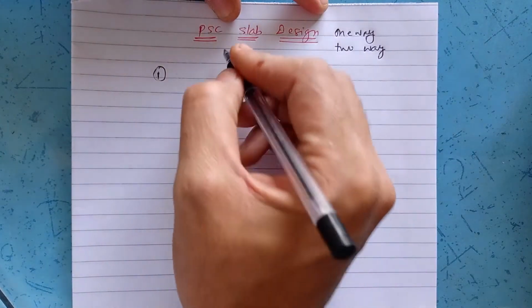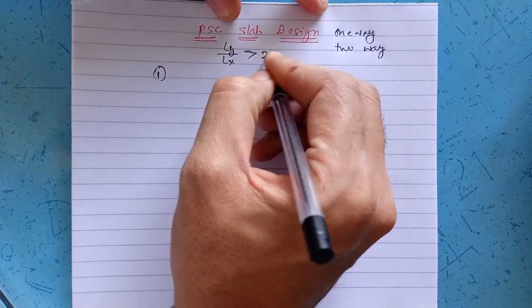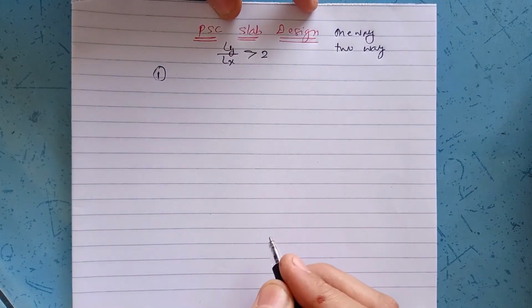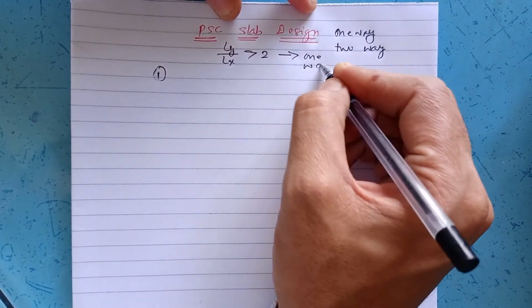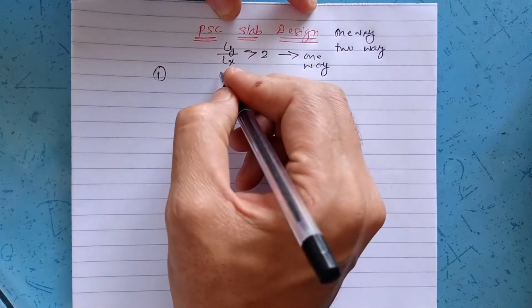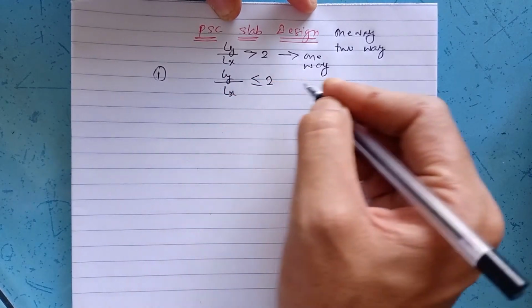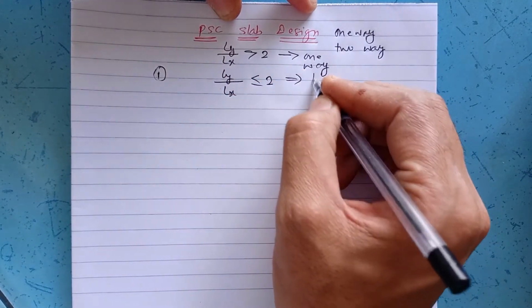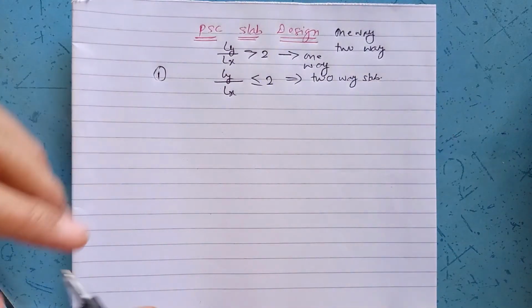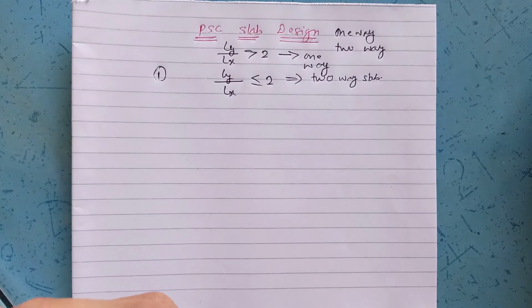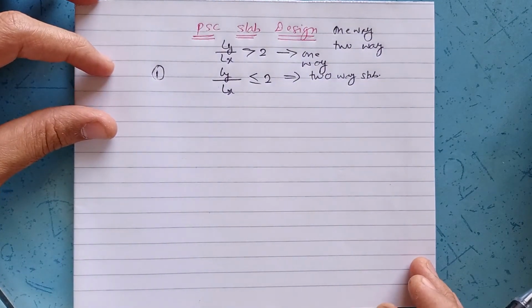Now you might be knowing if ratio of Ly by Lx is greater than 2, then it is said as one-way slab, and if Ly by Lx ratio is less than or equal to 2, then this slab is designed as two-way slab. You might be knowing this condition when to design as one-way or when to design as two-way slab.